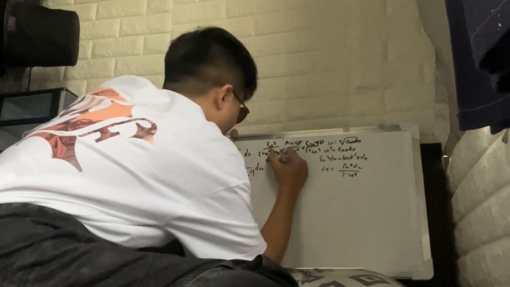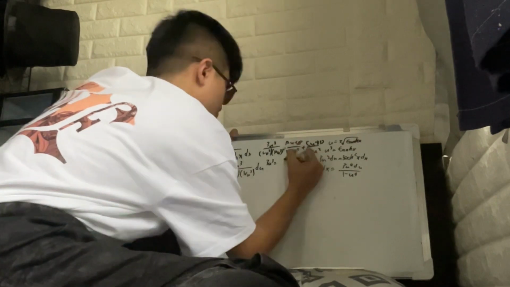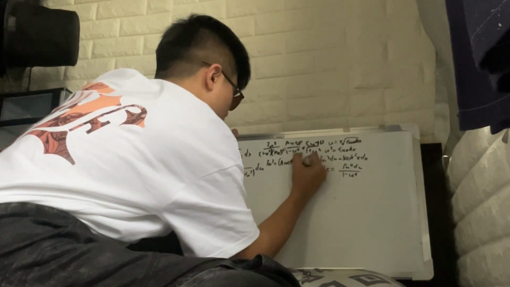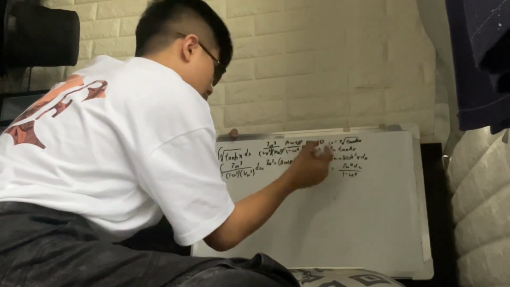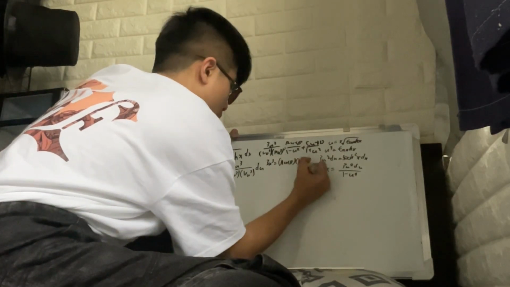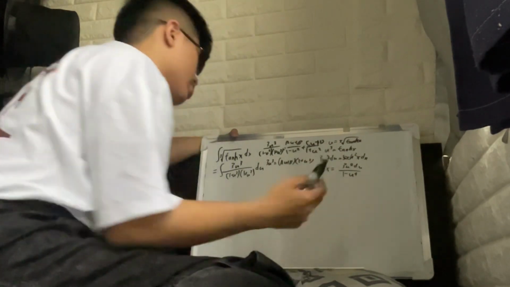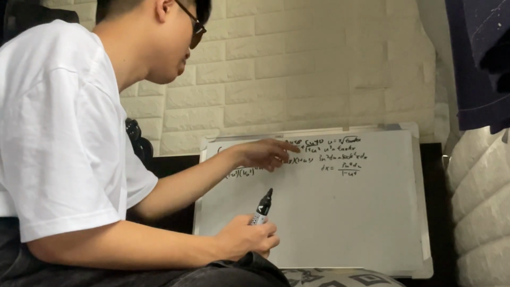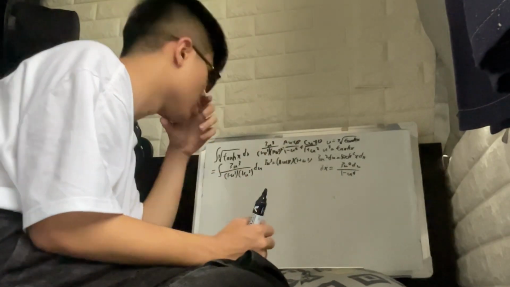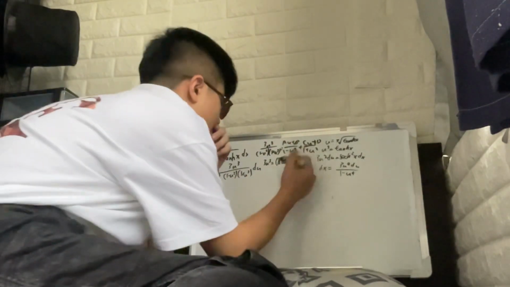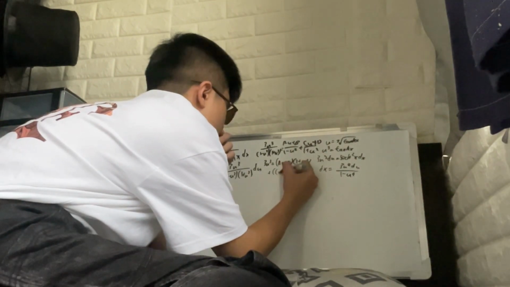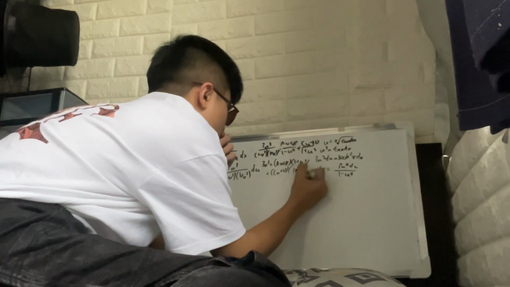Distribute, you get 3u cubed is equal to au plus b, because you multiply by this on both sides, so you just get 1 plus u squared here. 1 minus u squared and 1 minus u squared cancel each other. And then you add parentheses cu plus d times 1 minus u squared.